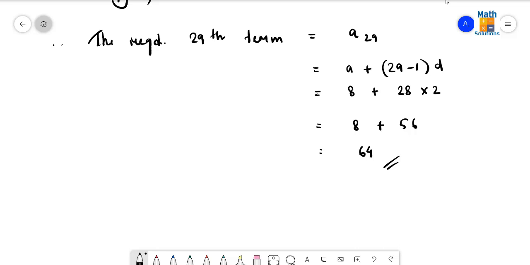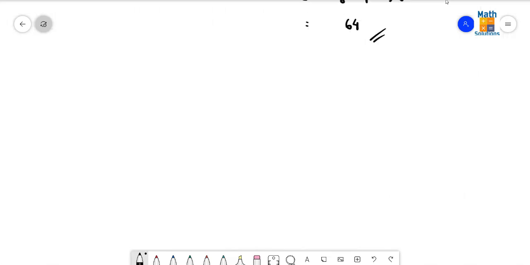Question number 9 is also exactly similar to this question, so this can be done in that way. Next I shall come to question number 10. In question number 10, what is asked?